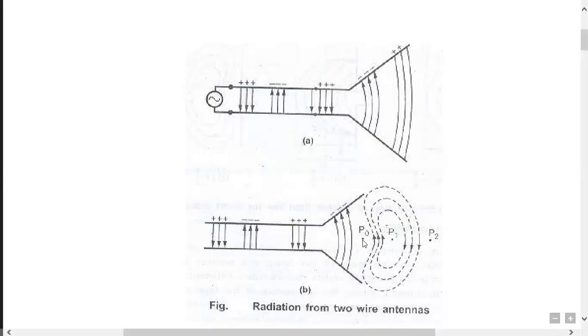In total, the distance from P0 to P2 is lambda, and the time it takes to travel lambda by 2 is T by 2. So in the time period T, these free space waves travel outwardly a distance of lambda. Now the question is how the guided waves are detached from the antenna to create free space waves.